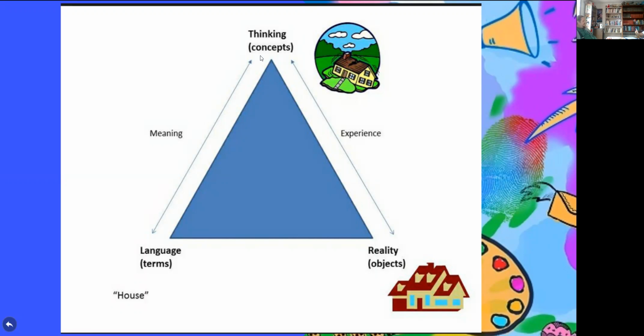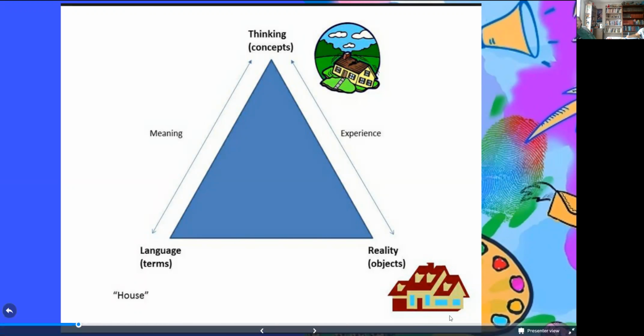And so you have the same term. You're going to have to move. You have the same reality. They are in a different place.